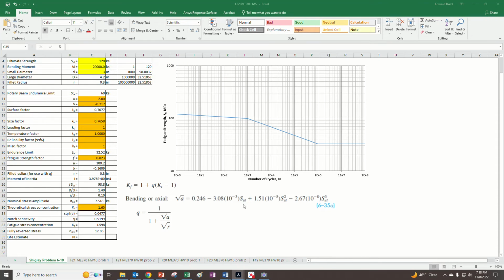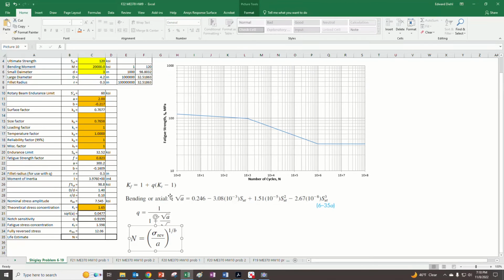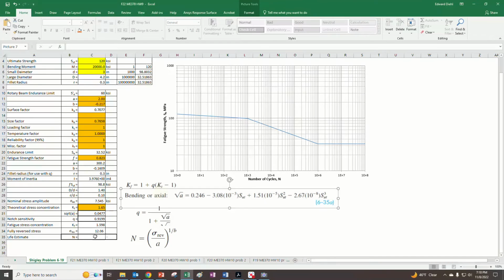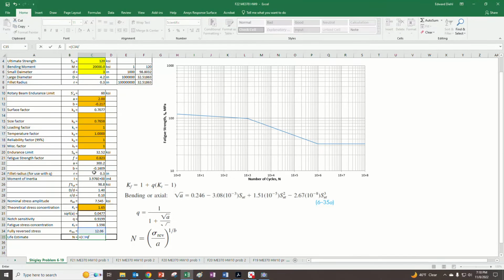Right here is the equation that we use, and that's going to equal the reversible stress, which is this one right here, at least that's what the 10th edition calls it, divided by a, which is up here, and raised to, careful of this, 1 divided by b.